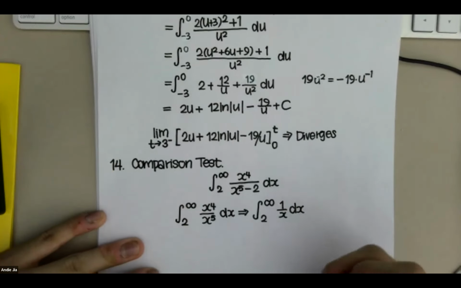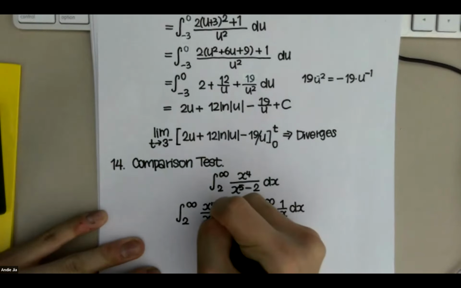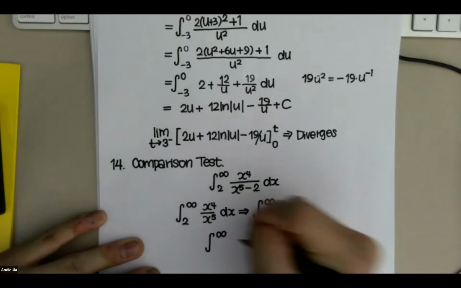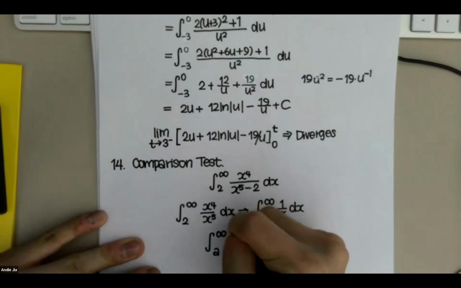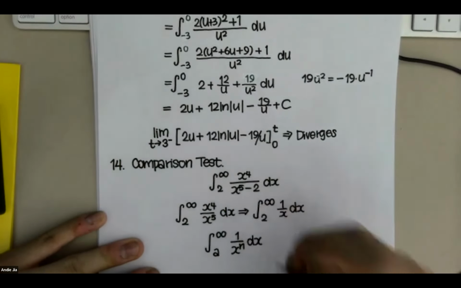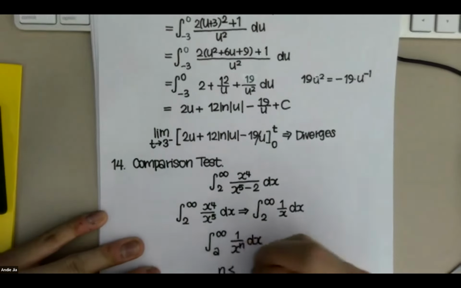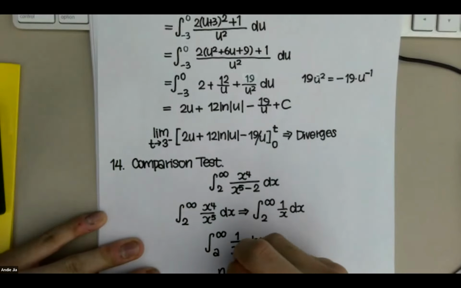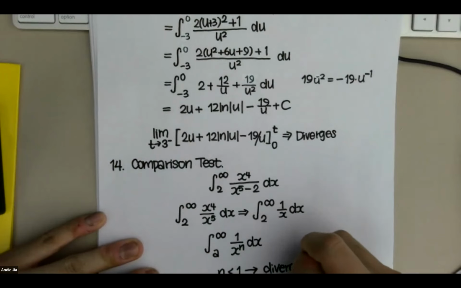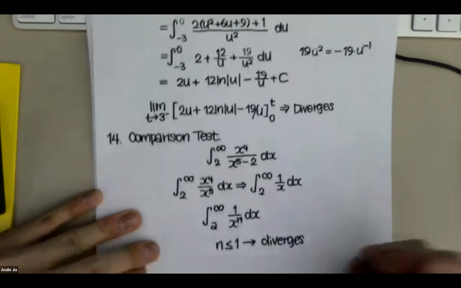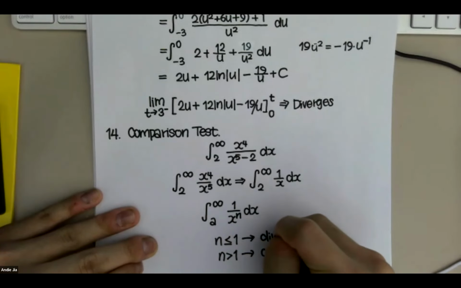So there's the thing about this type of integral. If the upper bound is infinity and the bottom is a constant, then 1 over x to the n is a power. If n is smaller than or equal to 1, then the integral diverges. Otherwise, if n is larger than 1, it converges.